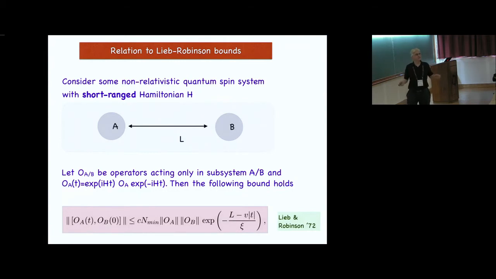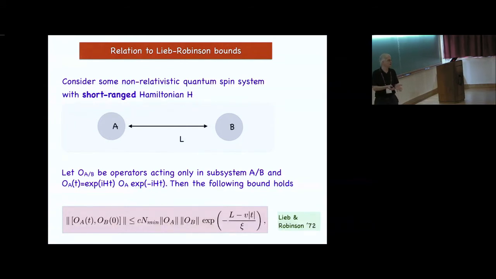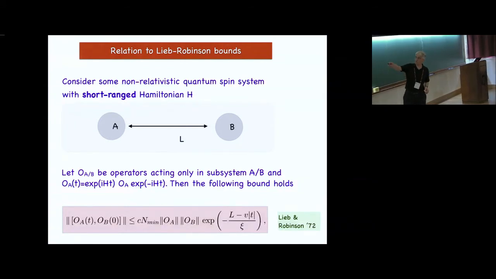Okay, so now how to think about this? Initially OA of 0 is a local operator, so it has a finite support here. But when you time evolve it, the operator of course grows. So the range of the operator at any finite time is no longer local.